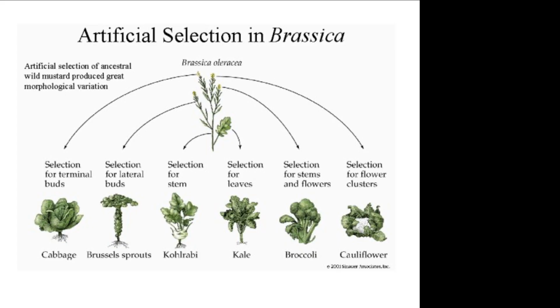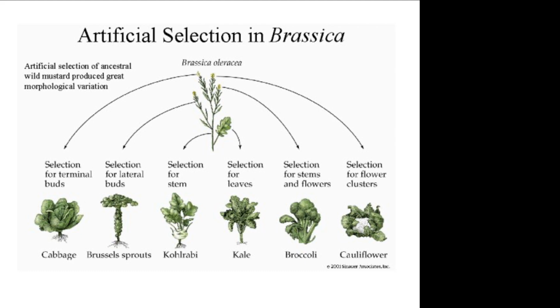Plants have also been bred mainly for food, for fiber, for building materials, etc. One of the ones here is Brassica oleracea, and the wild plant looks quite different from the cultivated varieties.